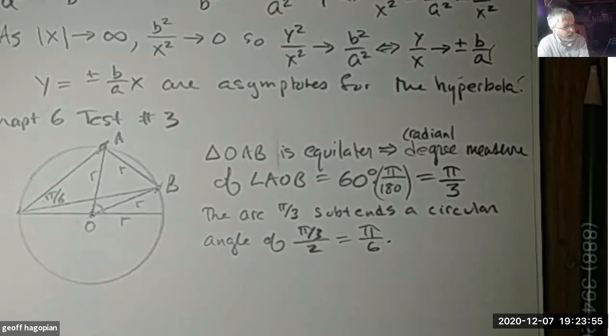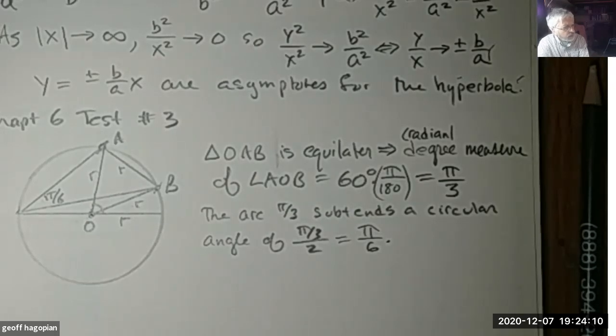So triangle OAB is equilateral. Thus, we deduce that the central angle AOB is pi over 3.